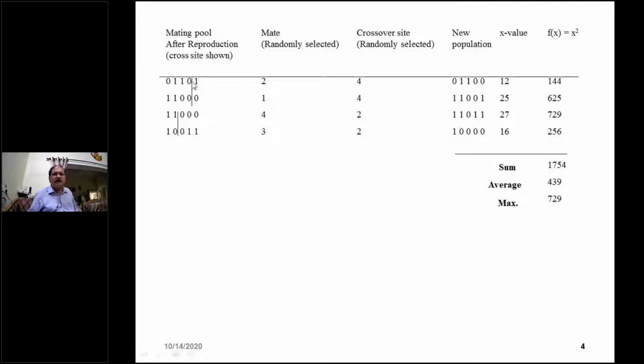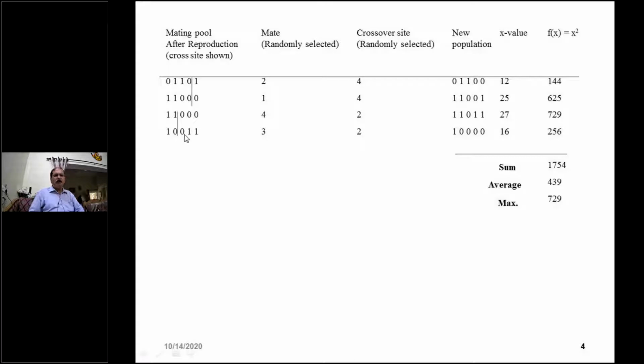So the first string after crossover becomes 01100, and the second string becomes 11001.